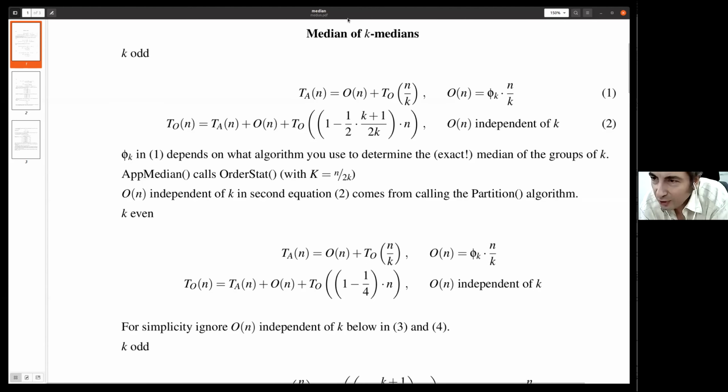What happens if you replace the median of 5 medians by the median of k medians? You can do this not only for groups of 5, but for groups of k. I made the equivalent formulas for what was in the yellow box at the bottom of the slide.